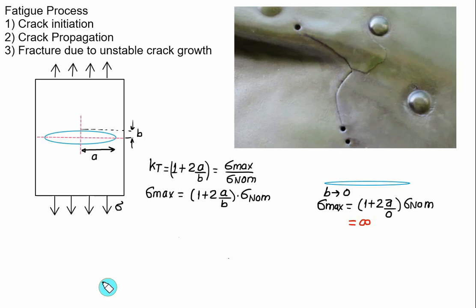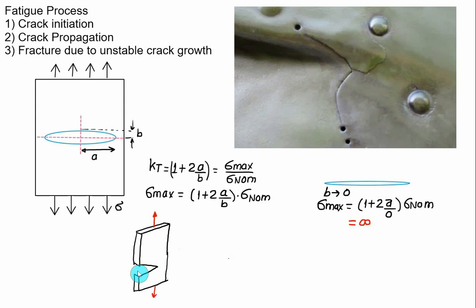Basically the crack is developed due to tensile loading as well as shearing, and even in the case of in-plane shear. The crack propagation due to tensile loading is the most common phenomenon in the fatigue process. So mode 1 represents the propagation due to tensile loading.